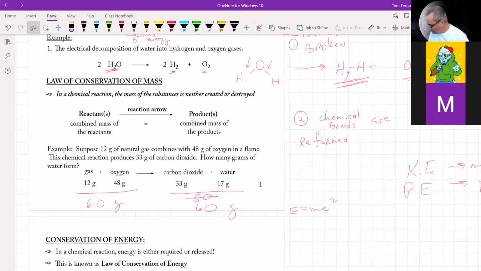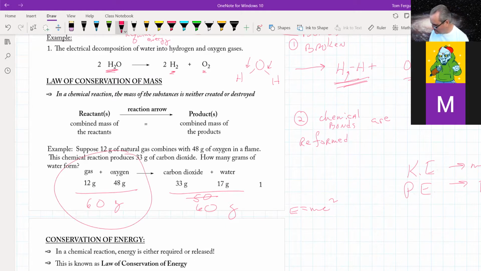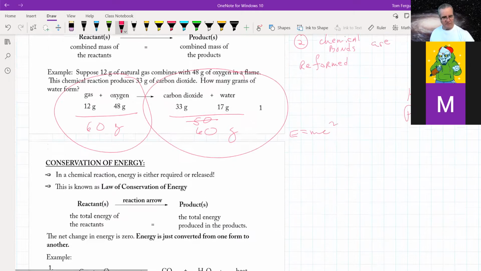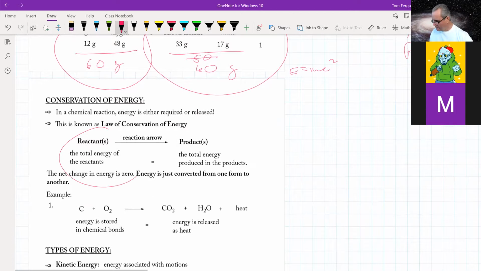Now, in the case here, we end up with 50 grams of carbon dioxide and water. We should end up with 60 grams, and this is in an enclosed system. Same with this here, enclosed system.